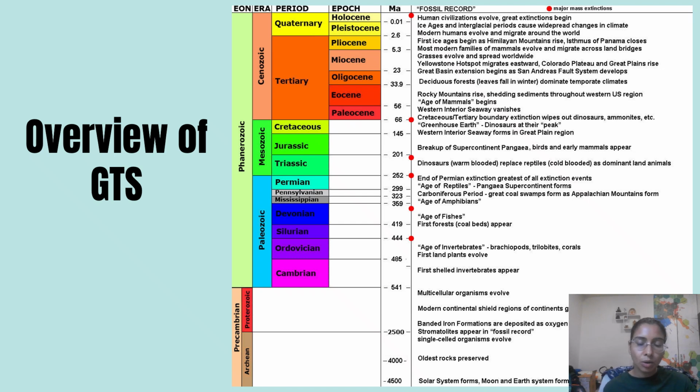This is the overview of the geological time scale, which is divided into major units like eons, and then eons are divided into eras, then periods, and these periods are again divided into epochs.